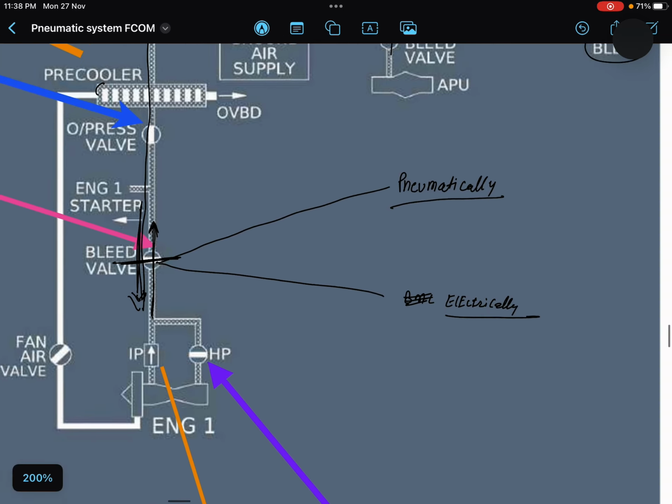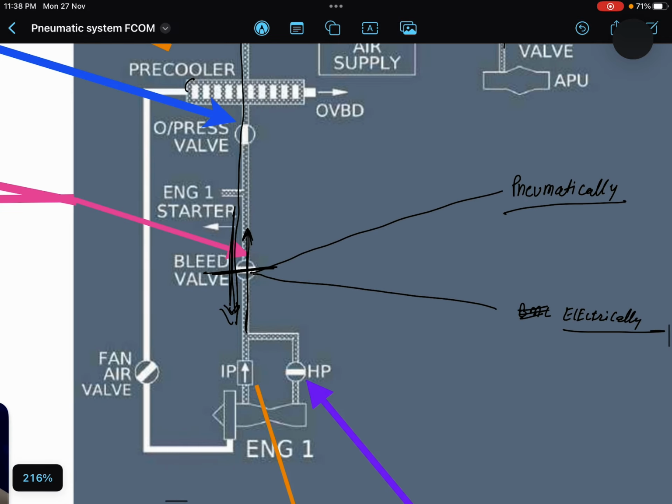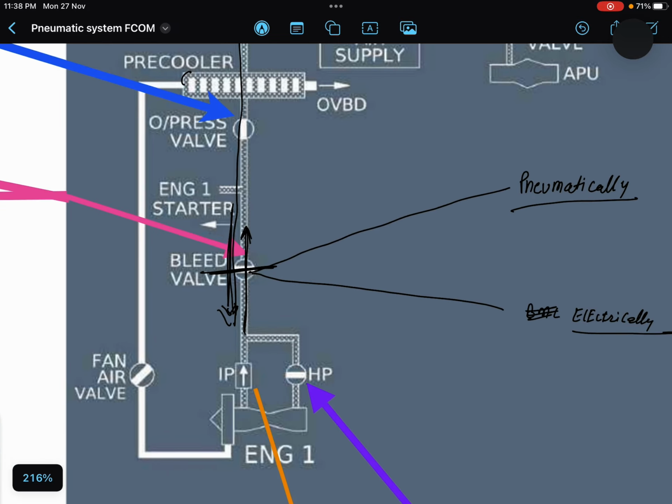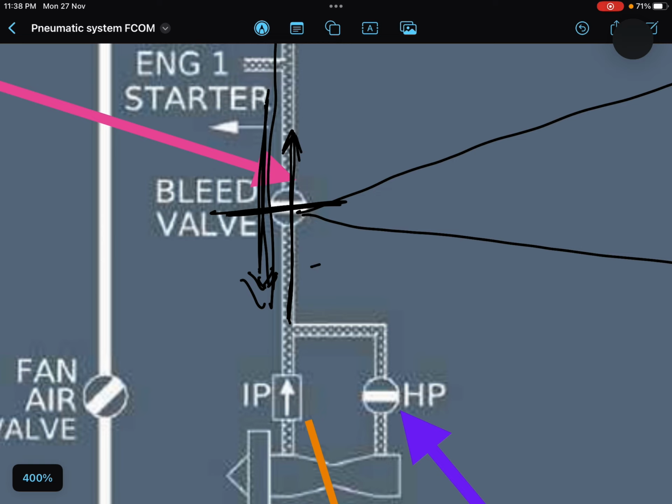The first reason is when reverse flow occurs, and the second reason is whenever a pressure of less than 8 psi is sensed upstream. This is upstream and this is downstream of the bleed valve. So whenever less than 8 psi is sensed at the upstream, this bleed valve closes.